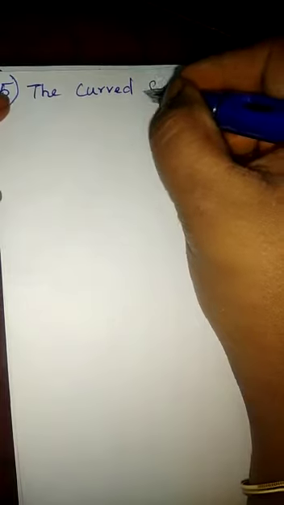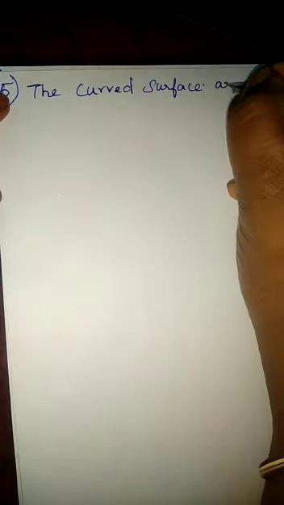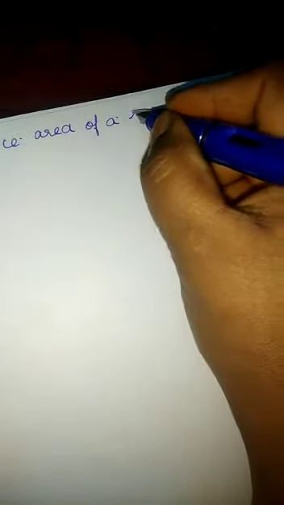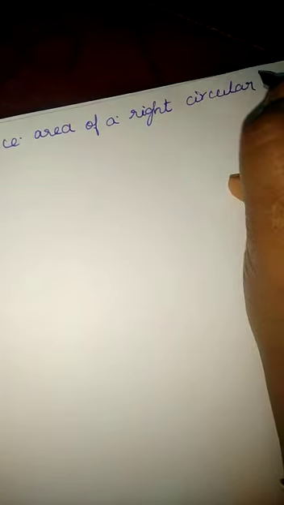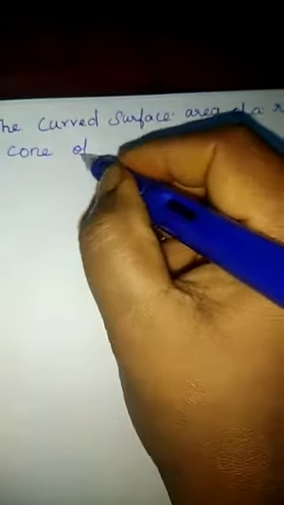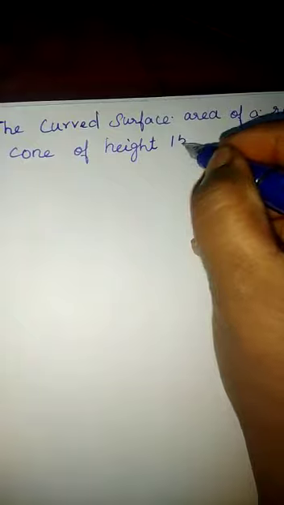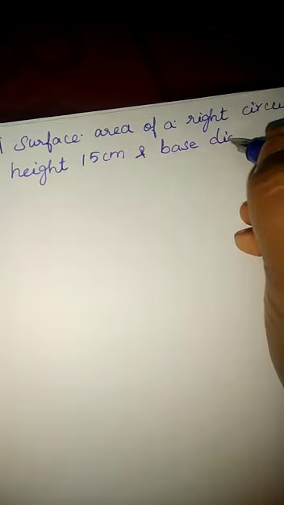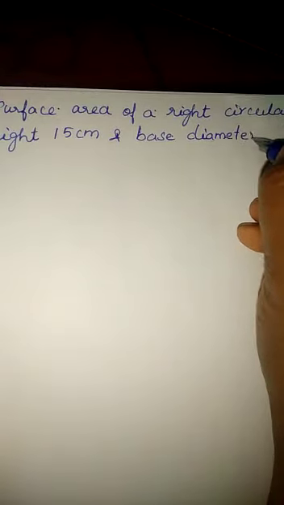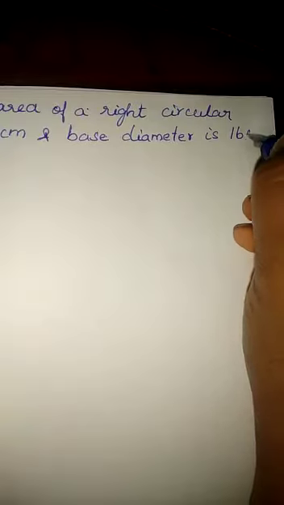The sum is: the curved surface area of a right circular cone of height 15 centimeter and base diameter 16 centimeter.